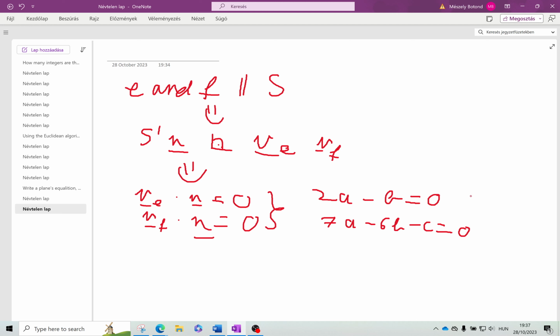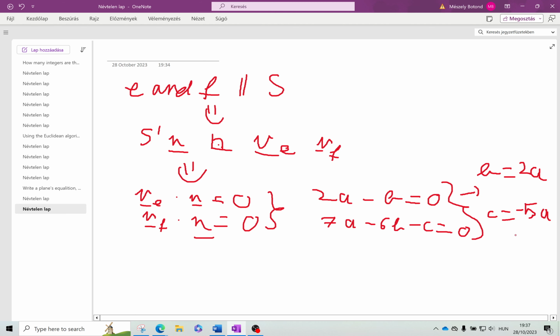But from this you transform it, so b will equal 2a and c will equal minus 5a. Now you can choose any a.